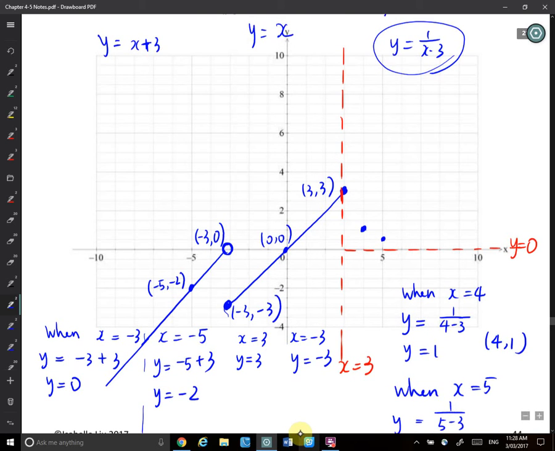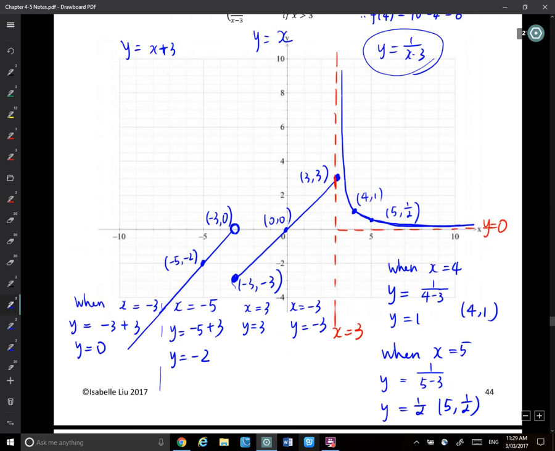Now let's connect them. That is the graph. So 4, 1 and 5 and 1/2. That's the asymptote.